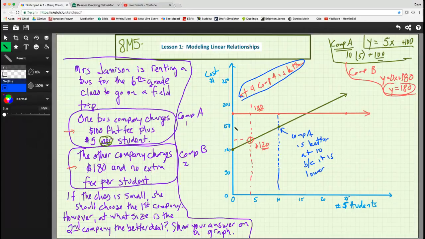Company A is 150 with 10. Company B is still 180. So at 10, company A is better. Now let's look on the other hand, maybe over here at 20. 20 is right here.